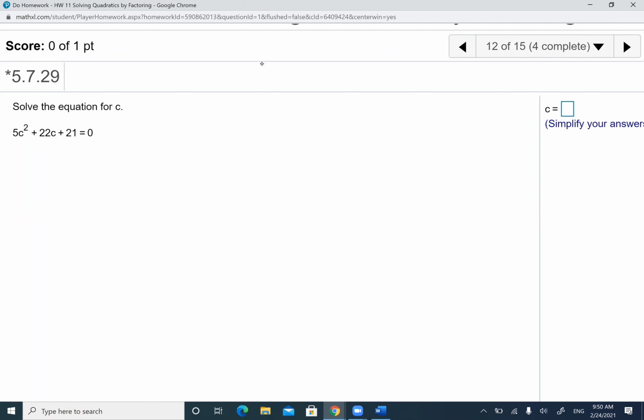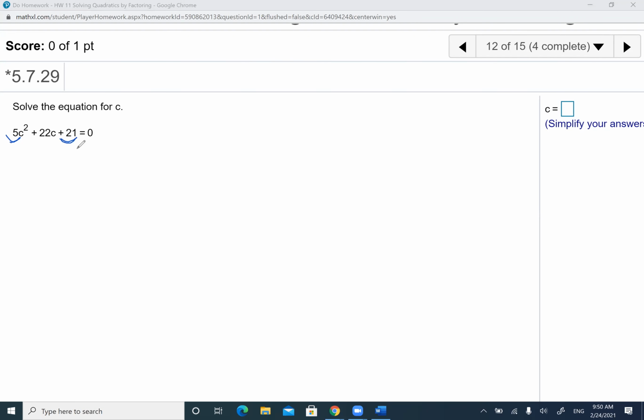We're going to look at the number in front, which is 5. That's why it's a little different. And I cannot factor out 5 because 22 is not divisible by 5. So this is how you do those when you have a number in front of the square. What you need to do first is multiply. It's called the AC method.